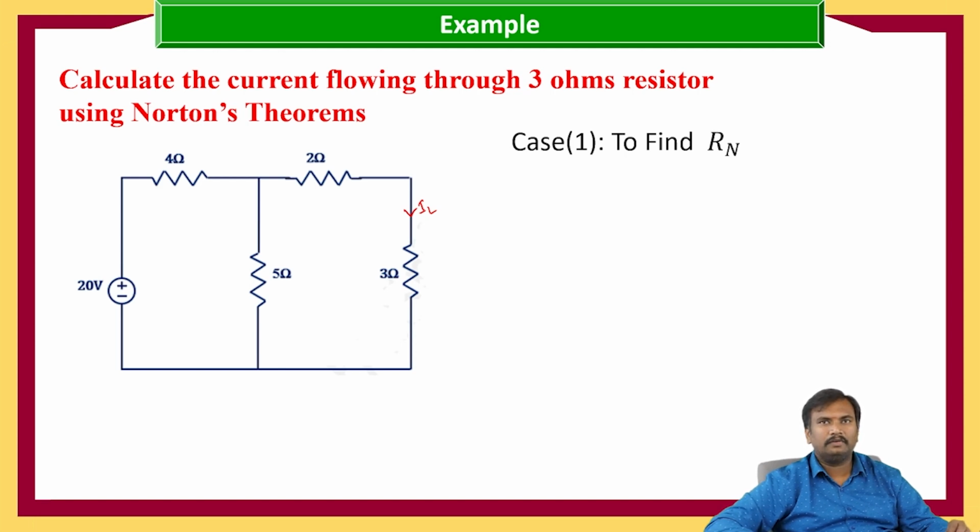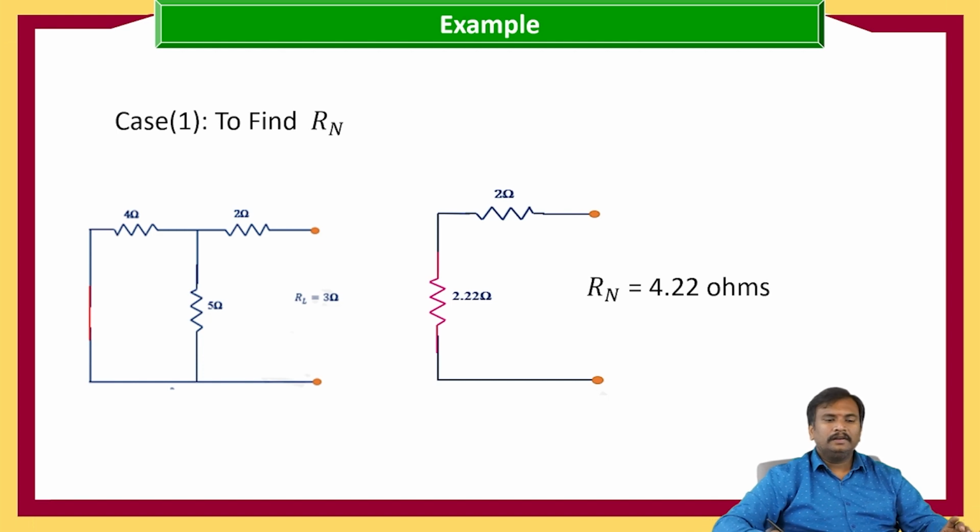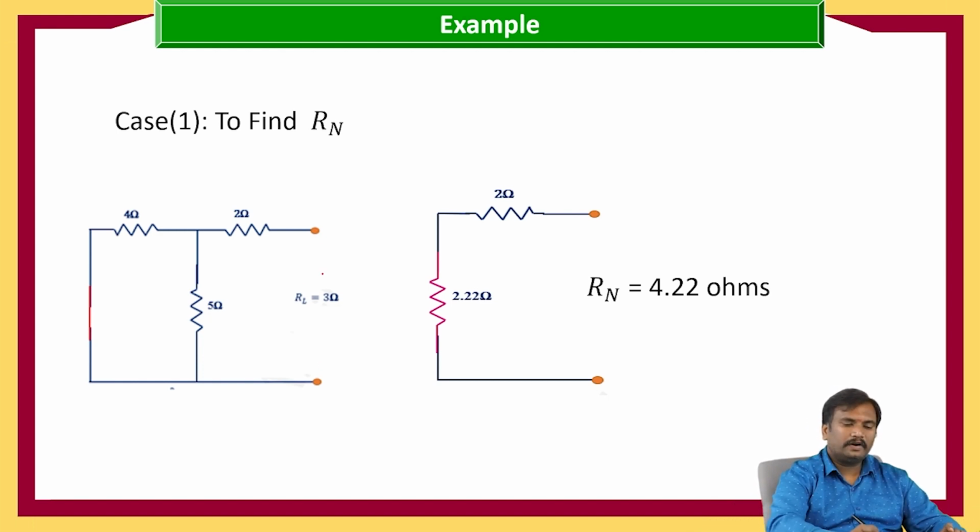After doing this, the circuit will become like this. Here we have open circuited the load resistance, and the voltage source is short circuited. When you see between these terminals, we need to calculate the equivalent.